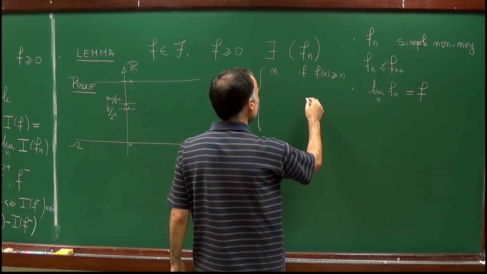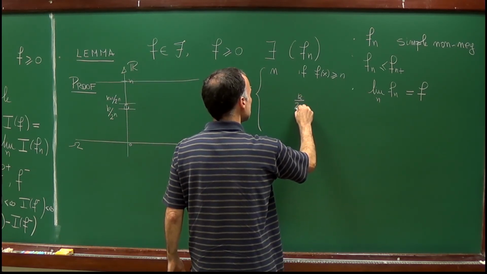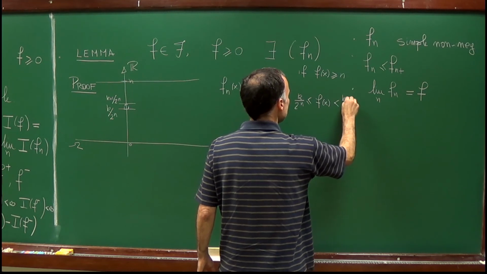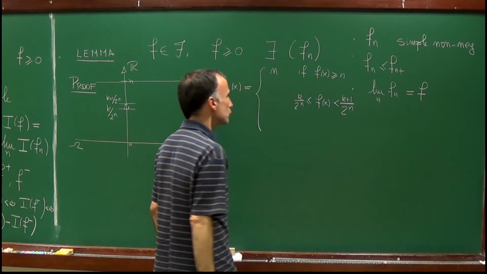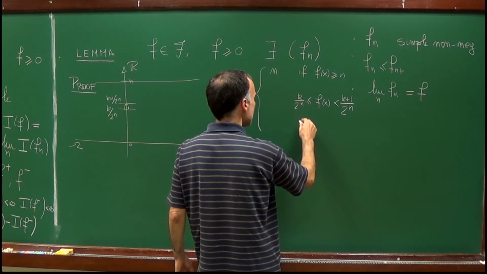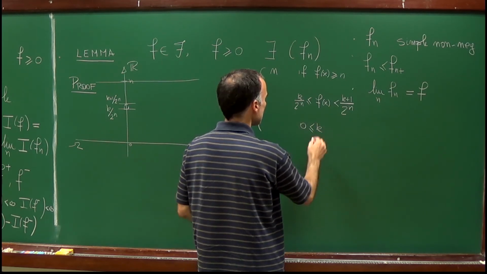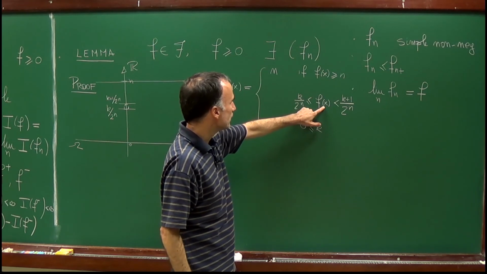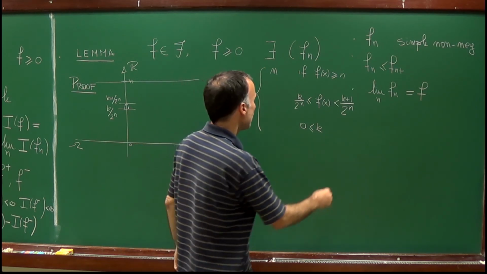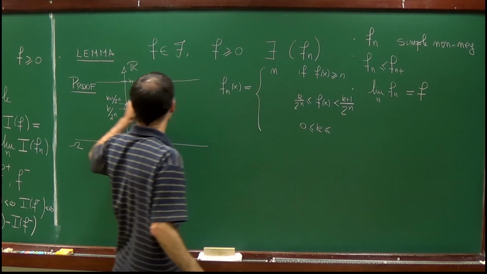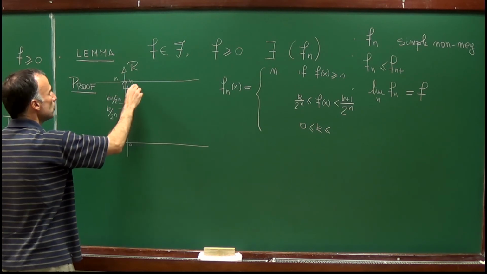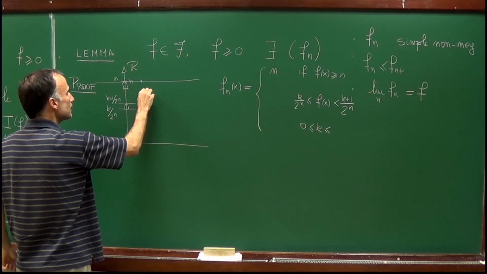And now if f of x belongs to k over 2 to the power n and k plus 1 divided by 2 to the power n, here k takes values between 0, so the first interval, since f is non-negative, the first interval will be 0 to 1 divided by 2 to the power n, and the last interval we want to end exactly at n.